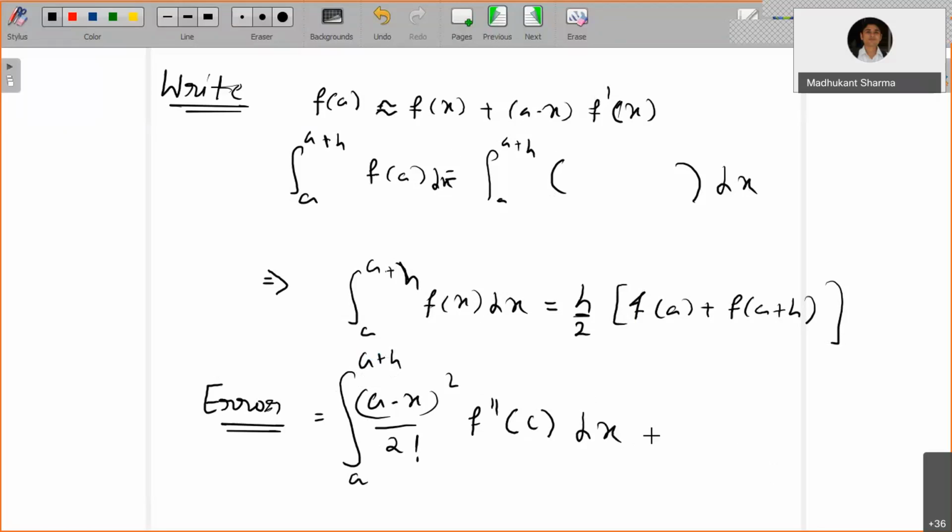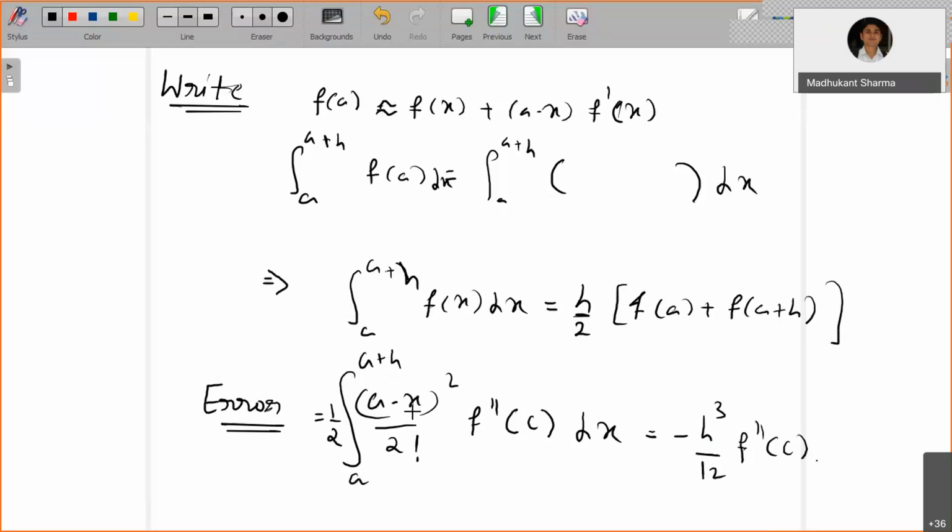Once you integrate everything, you will get 1 by 2 more here, you just try to find out, and that will lead to minus h cube by 12 times f second derivative. So this is a to a plus h.